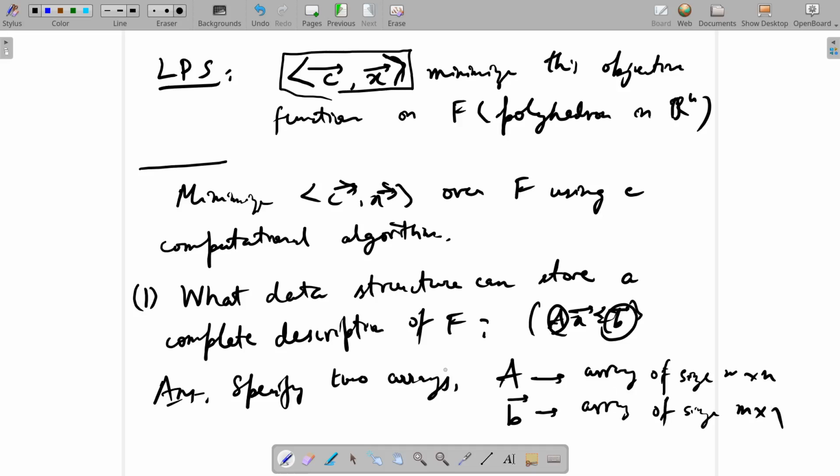For this we have a good answer, and we did some hard work to gain this. This is not the only data structure for F. We saw that F in fact has finitely many extreme points, and we proved it in two different ways. The first way was more geometrical, but for LP in standard form, we were able to show that basic feasible solutions are vertices, and there are finitely many of them.